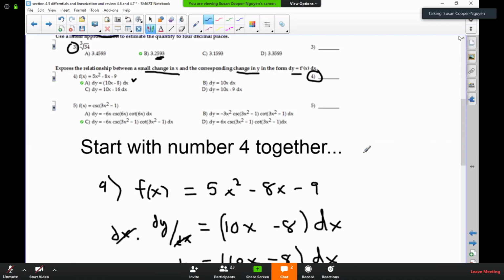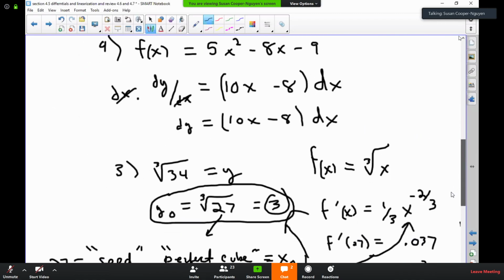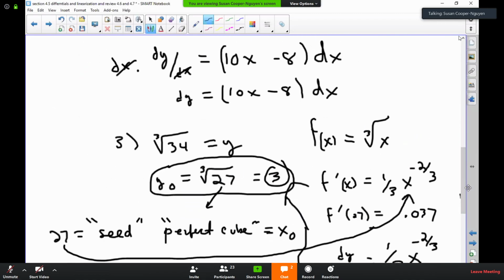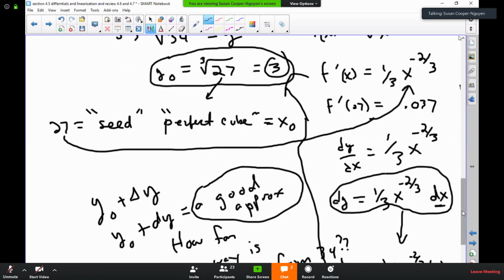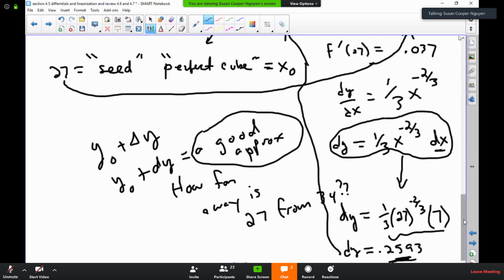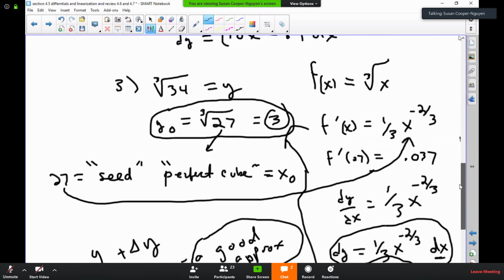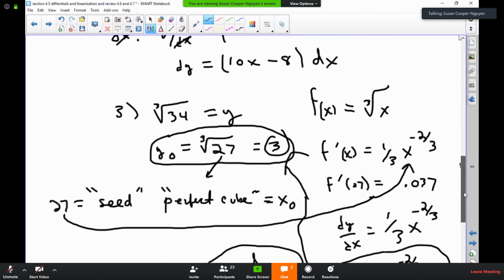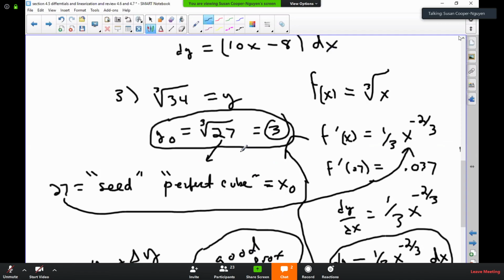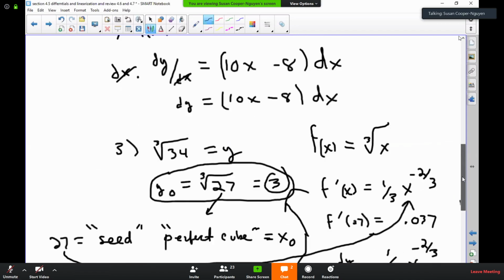Because if you think about it, think about how close I got to the cube root of 34 by picking a seed, an initial guess of 27, a seed that was 7 units away. What if you could pick a seed that was even closer? If you're doing it by hand the way I am without any kind of computer, you have to pick a perfect cube. So long story short, I hope that helps.